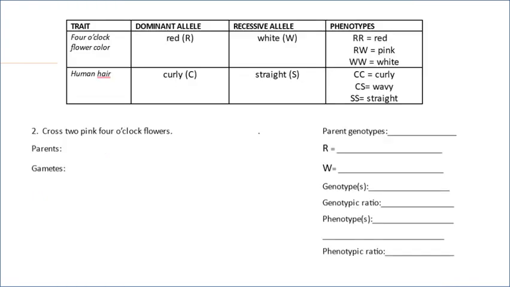Let's look at the next one. Number 2. Again, we're looking at 2 pink four o'clock flowers. So the parents would be RW, and then the other parent would also be RW. So I would put that over here, RW, RW, because those are our parents.